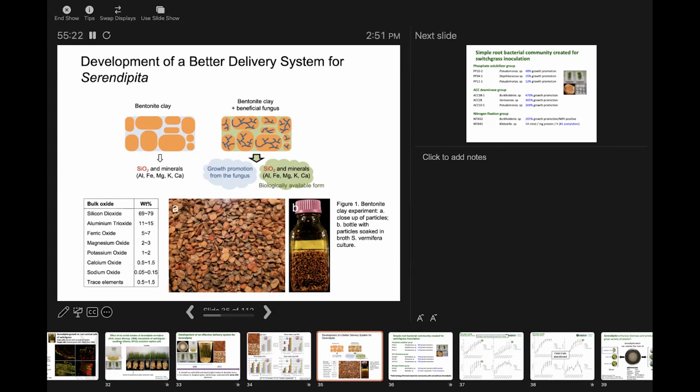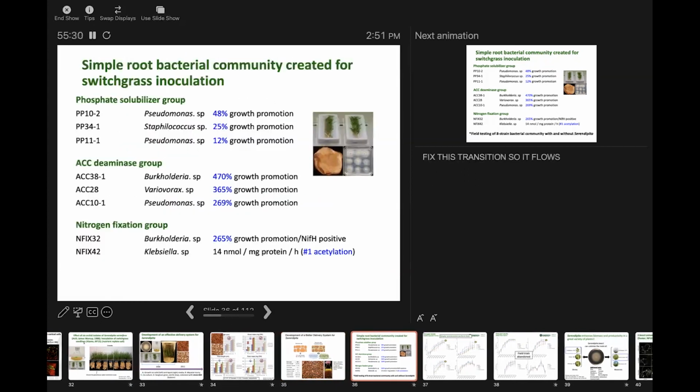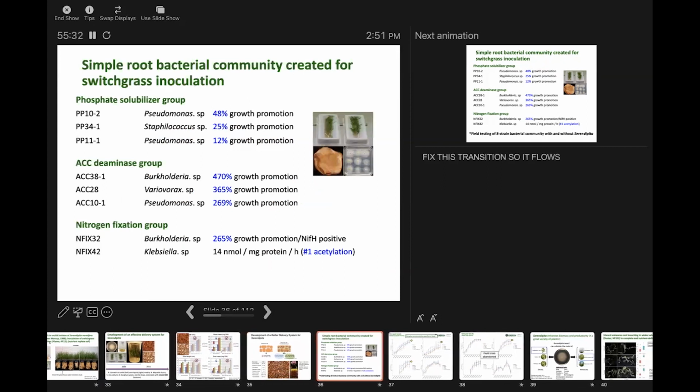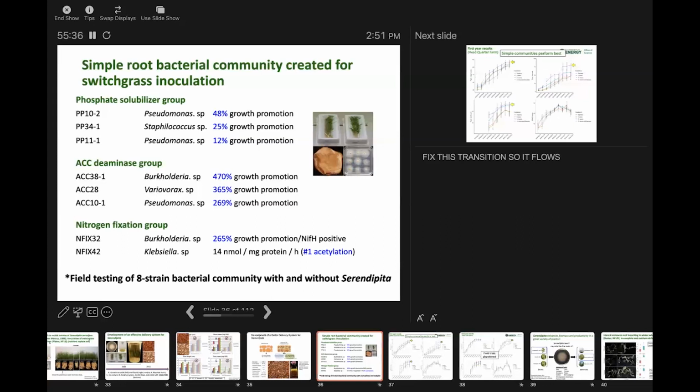Okay, that might be easier to get into an agricultural system, right? And they're very, very stable. Brilliant. Okay, so we decided what we're going to do is we're going to put these guys with our fungus.